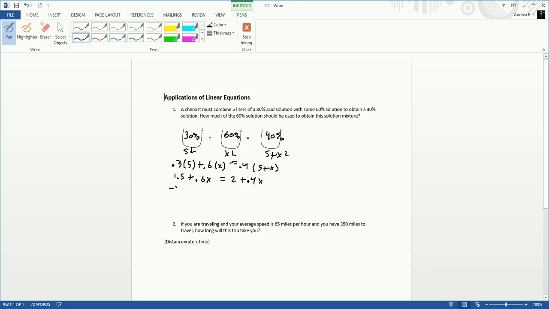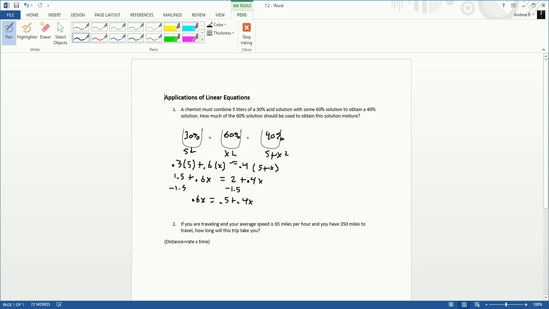Then subtract 1.5 from both sides of the equation. We want to try and get our x's together and constants together. So we'd have 0.6x is equal to 0.5 plus 0.4x.